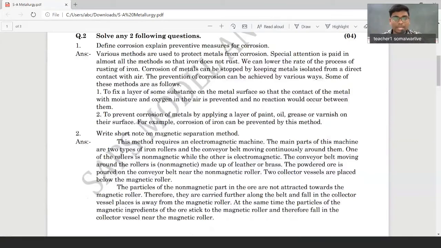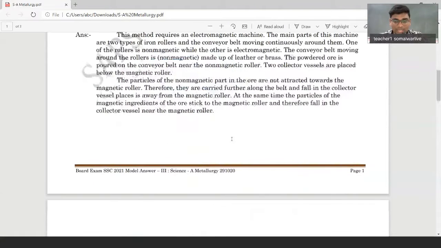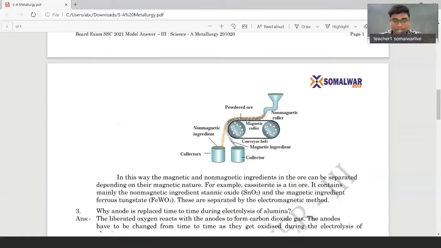Next question is to write a short note on magnetic separation. What is magnetic separation? It is a method where we use a magnetic roller. When we drop the ores from this, the magnetic ore gets collected in the nearby jar, and the non-magnetic material gets collected in the far jar.